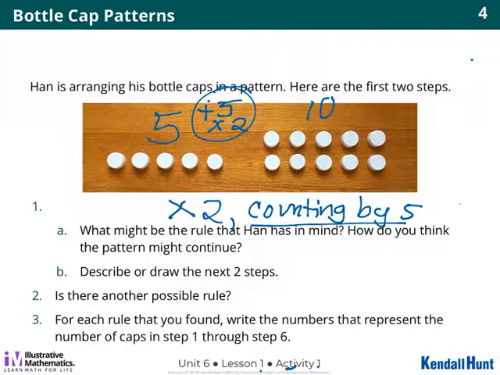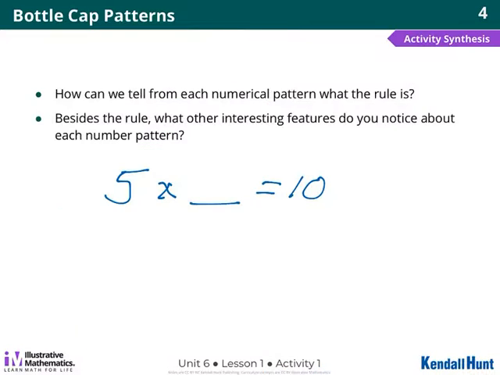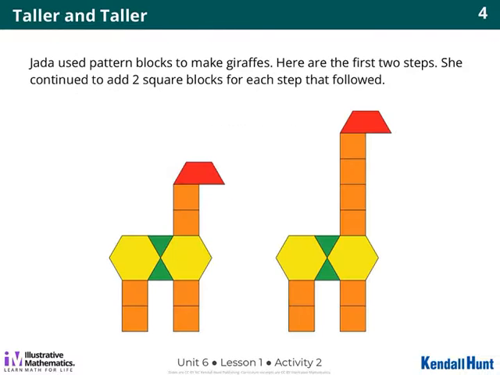Okay. All right. So let's take a look at activity 2. What page? Page 5. All right. Did you guys ever play with pattern blocks when you were younger? Yeah. Okay, so Jada used pattern blocks to make giraffes. So here are the first 2 steps.